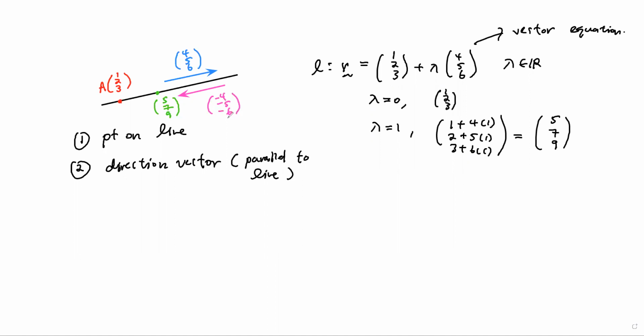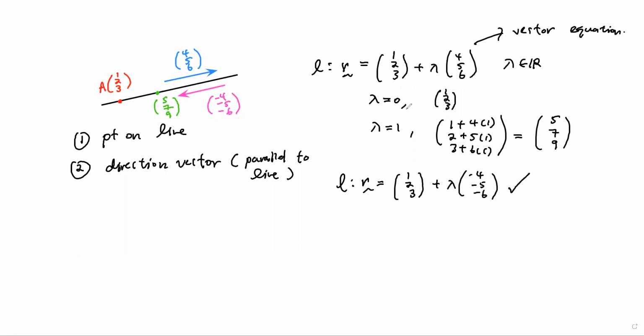Would that do? Yes, that works also. So the equation of the line is (1, 2, 3) plus lambda (-4, -5, -6). This is perfectly fine as well. Although they look a little different, both are correct.